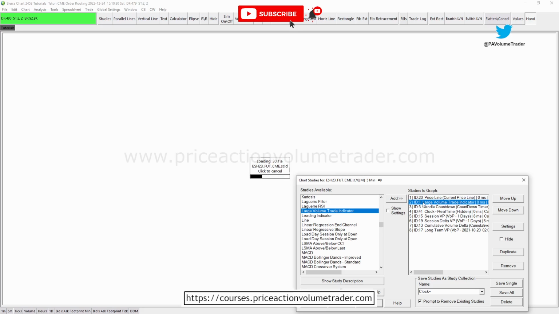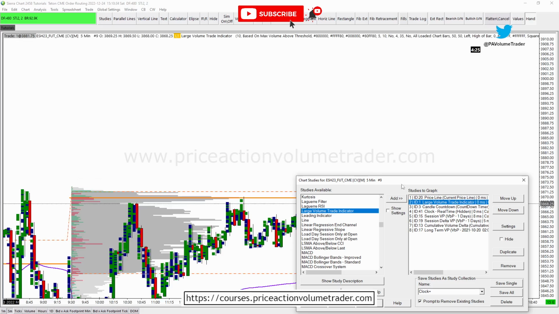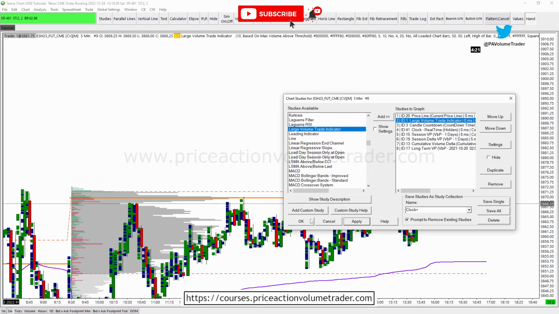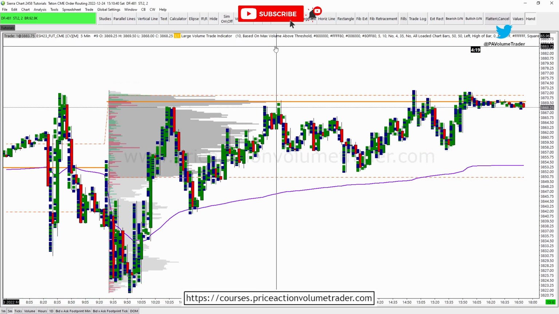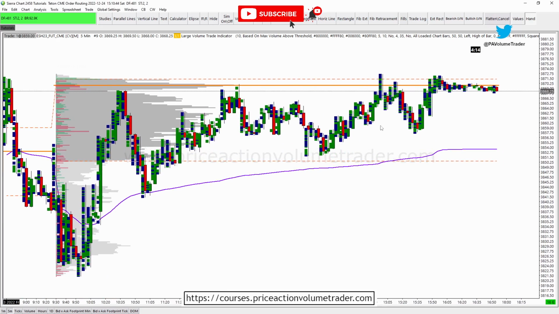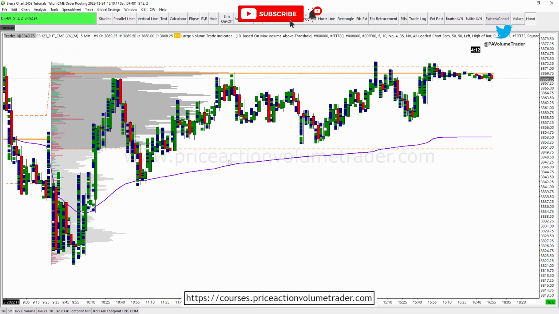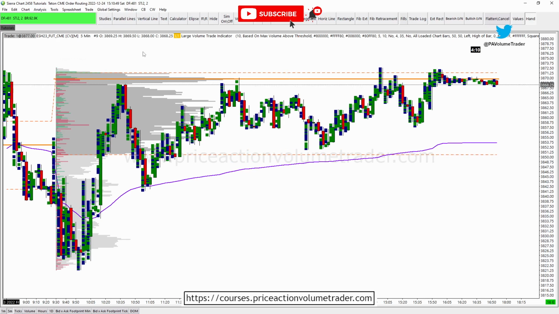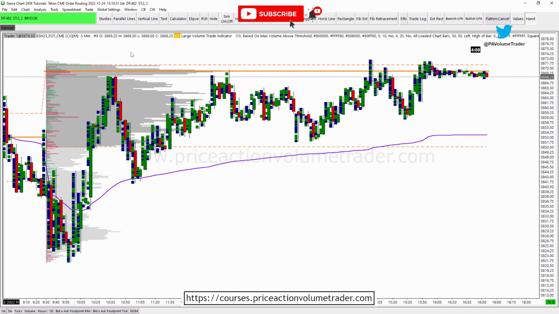This always happens when you apply this indicator, or when you change the size that you want it to give you. It always reloads the chart so it can properly display the graphics. Now, this looks like a mess. This always happens when you first apply the indicator, because now you need to tinker it.